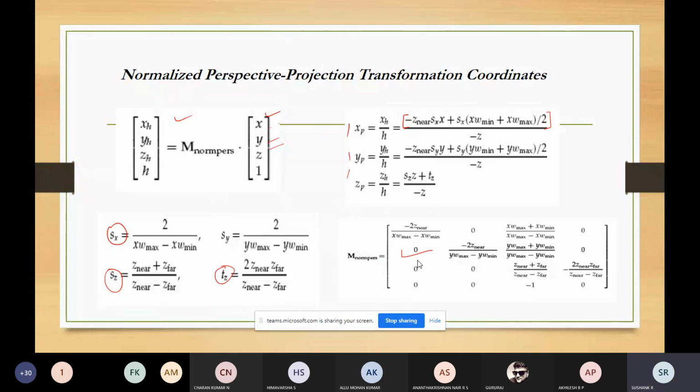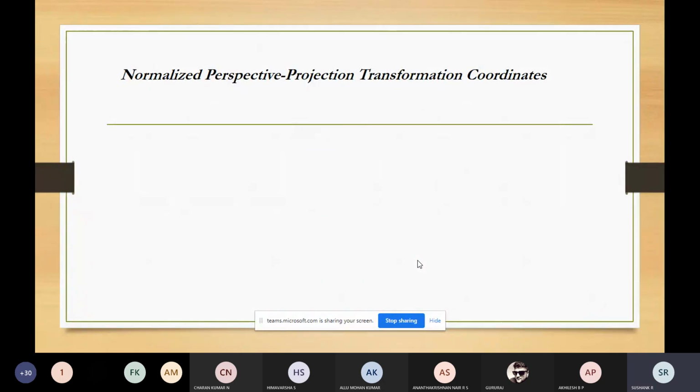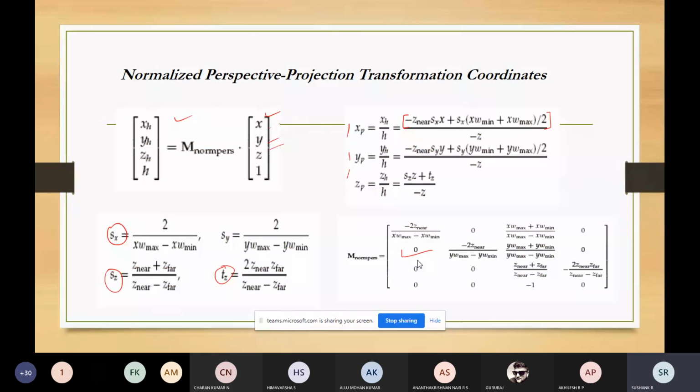This is one aspect. If you're considering this matrix with respect to the field of view angle, then these two values will be replaced with angles like cot theta by 2 by the aspect ratio, and this will be cot theta by 2. So that is the calculation you obtain when you look at this perspective projection view volume in terms of the field of view angle.